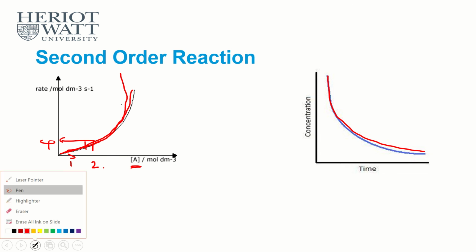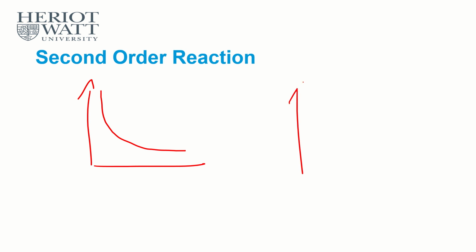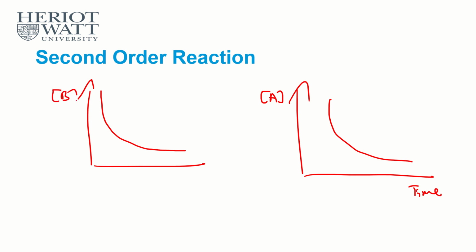So let me show you in detail. Half-life is something like that. Let's say I have a curve like that, right? I have another curve which is also like that, and this is concentration of A against time. This is concentration of B against time. All right, they both look the same.